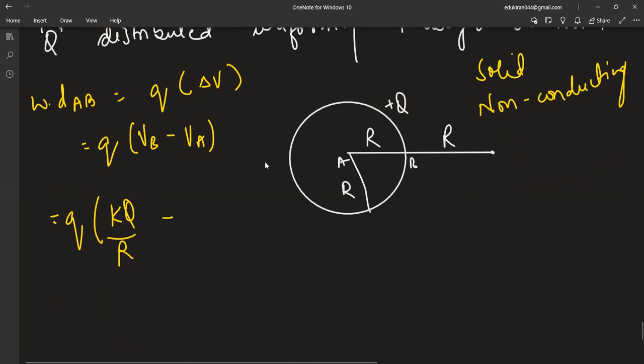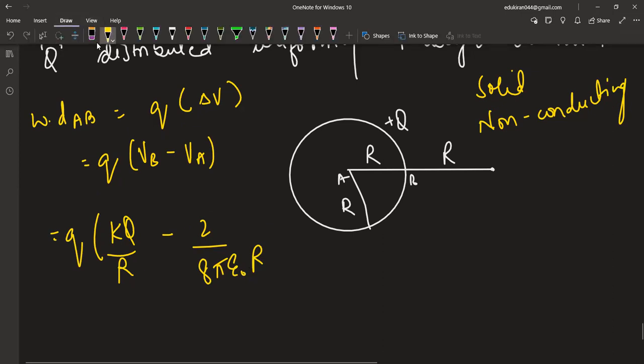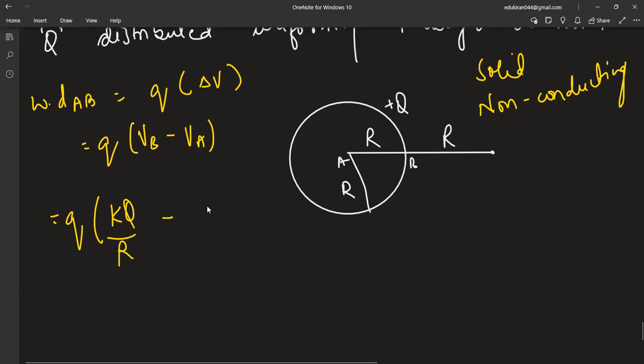What should be VA? Q by 8 pi epsilon naught R. Since we are writing in terms of K, let's write it here in terms of K only.